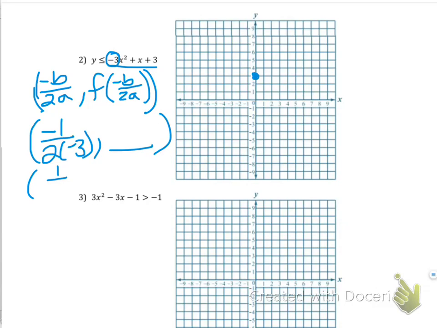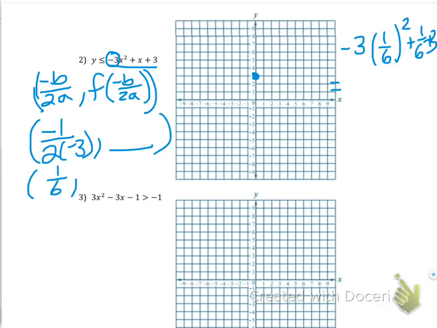So that's positive 1/6. And then to get my y value, I need to plug 1/6 into the function. So I'm going to do that here on the right. I've got negative 3 times 1/6 squared plus 1/6 plus 3.